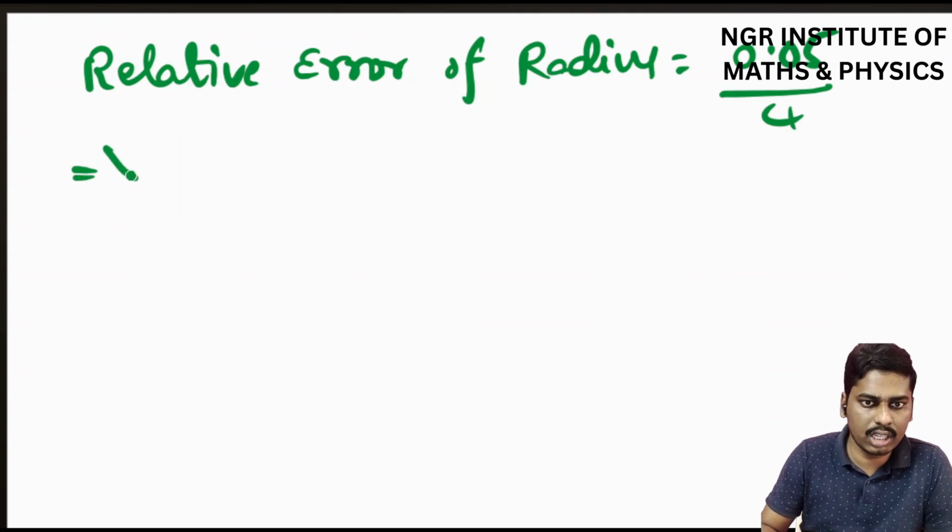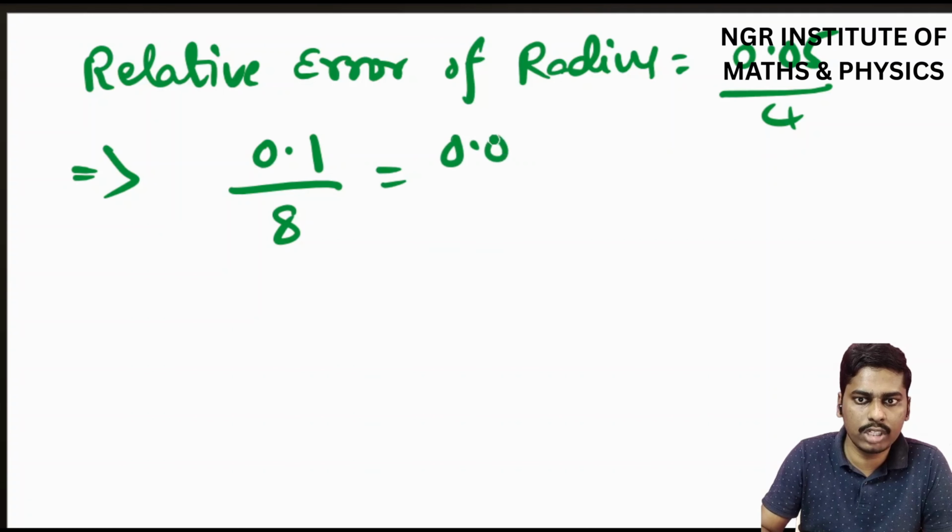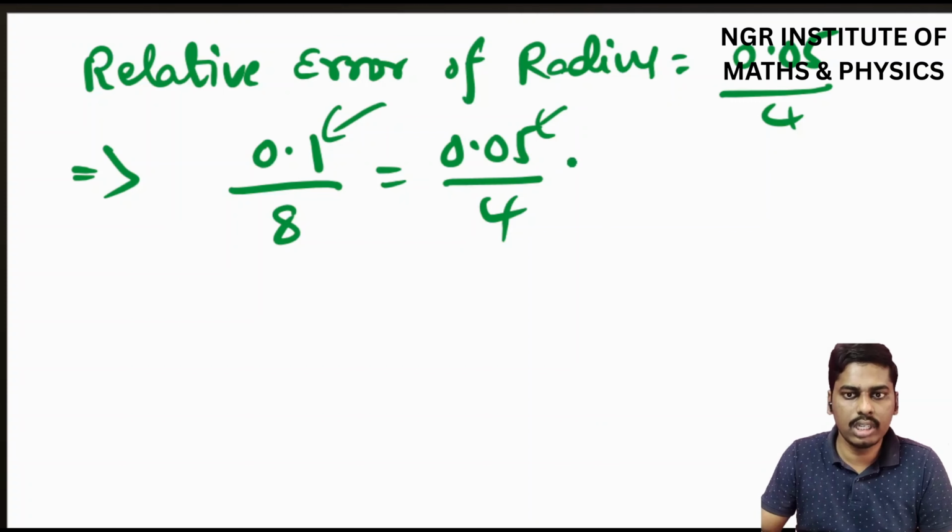If you check the values of both relative errors, 0.1 divided by 8 is equal to 0.05 divided by 4. Even though both have different absolute errors, the relative error is same.